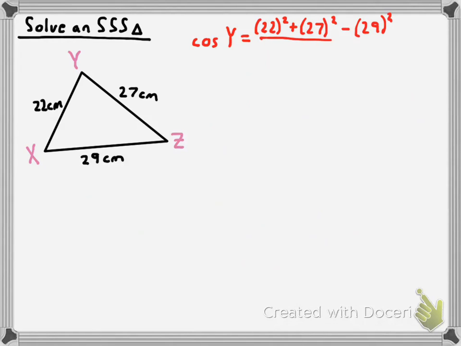And then you divide by twice the product of the two sides that formed the angle, again the 22 and the 27, so 2 times 22 times 27. And whenever you use that, you're going to find that Y is equal to the cosine inverse of that value.